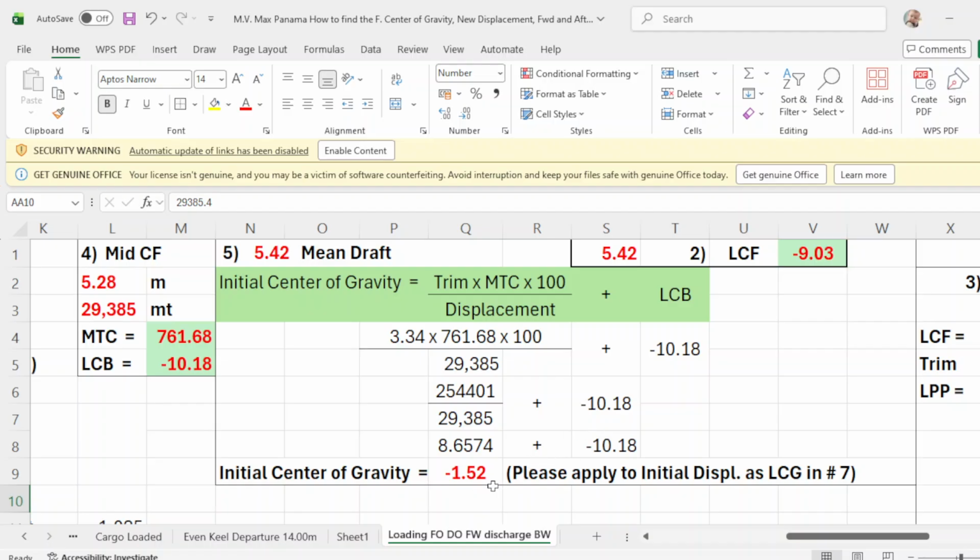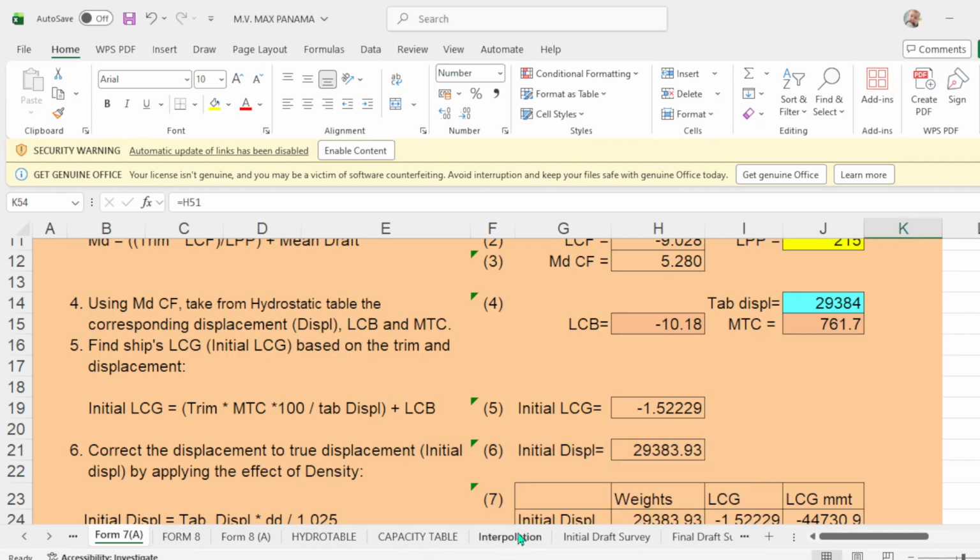So you have now your LCG and your displacement of 29385. So the initial displacement is 29385. The program, his initial displacement is 29383 or 384, but I got 385. Doesn't make any difference. Okay.